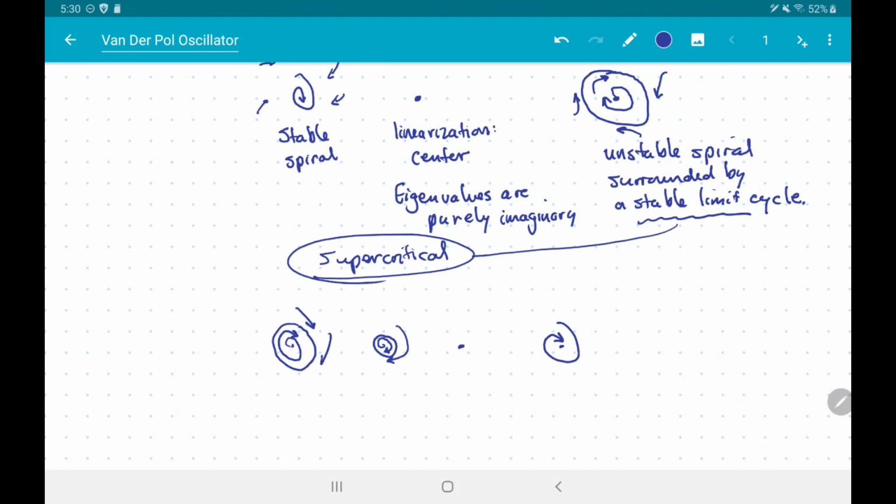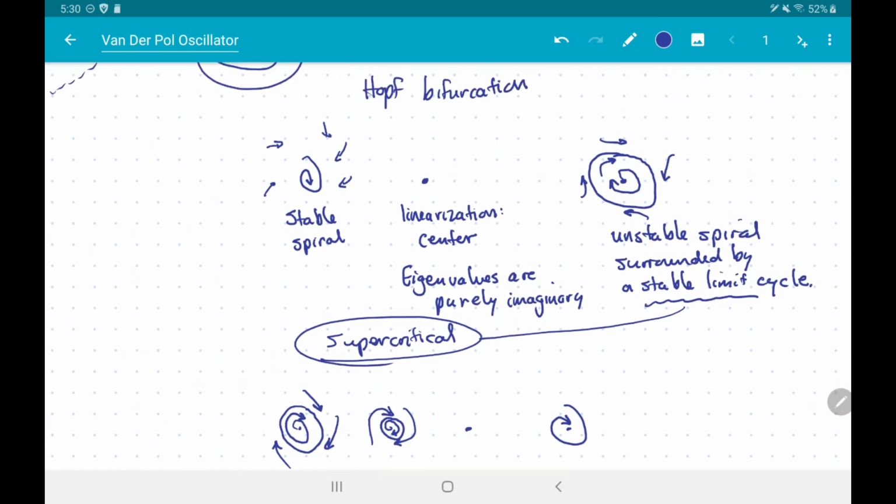Let me fill in a little more of this vector field to maybe make the picture clearer. The size of the limit cycle actually has sort of a predictable size. I'm not going to get into that, but it doesn't appear at some unfathomable distance from the fixed point. It appears initially right on top of it and then slowly grows as the bifurcation parameter increases.